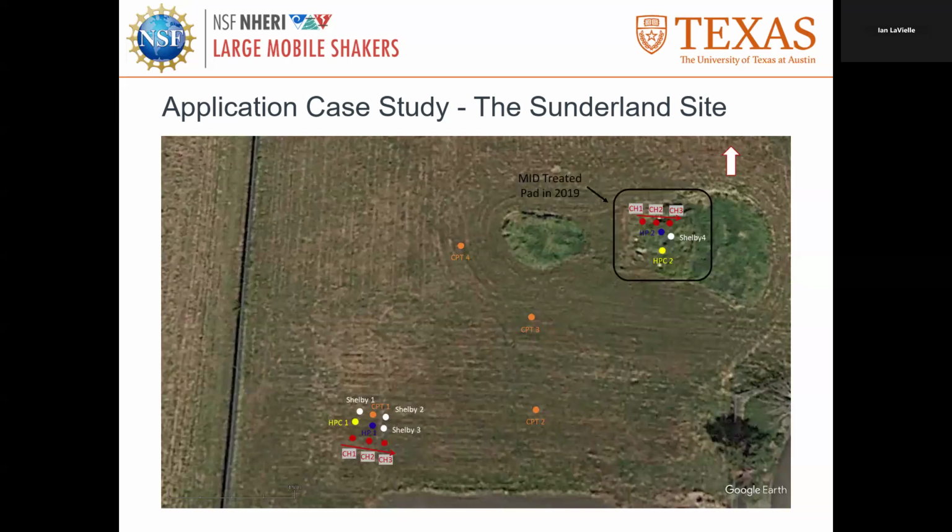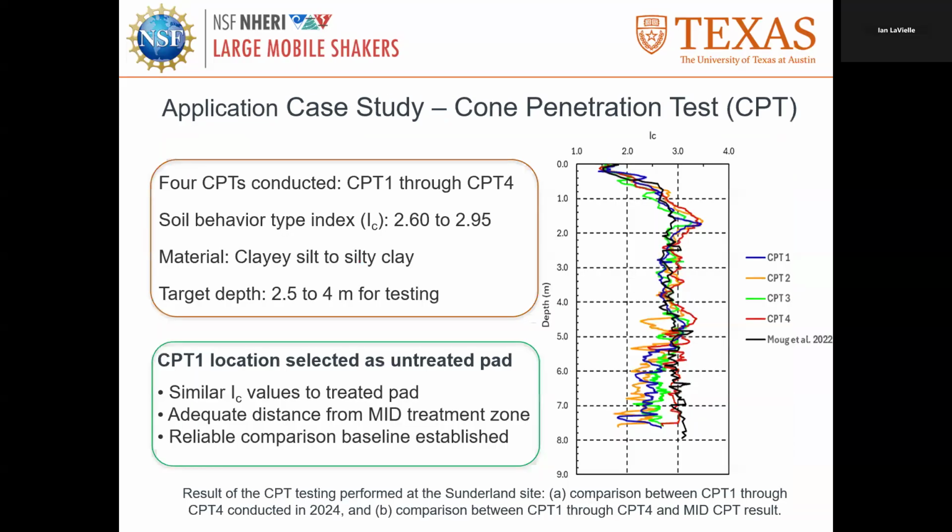The first thing we did is we went there and ran the CPT, trying to find the soil type closest to the MID treated pad. So this is Mogaro, also the CPT run in 2019. This is the black line. We ran CPT 1, 2, 3, 4 locations, and I think all of them are similar.